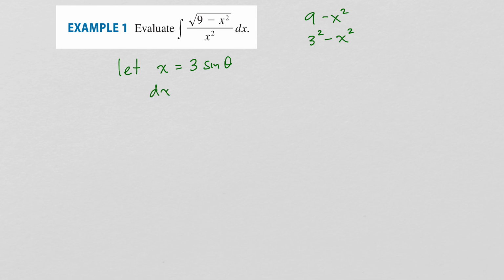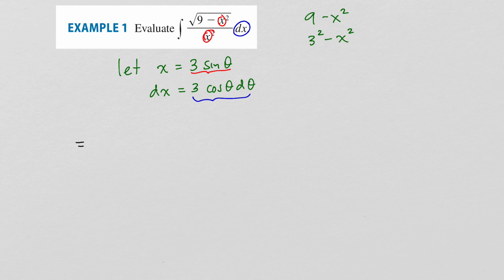If that's true, then dx is going to be 3 cosine of theta d theta. And now we're just going to replace x here and here with 3 sine of theta, and we'll replace dx with 3 cosine of theta times d theta.